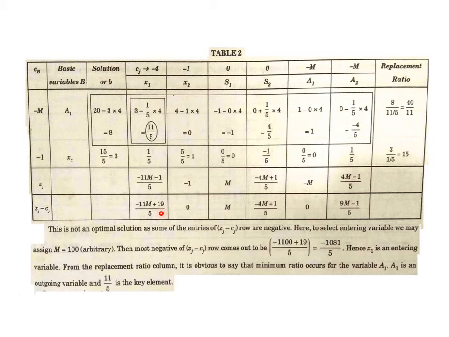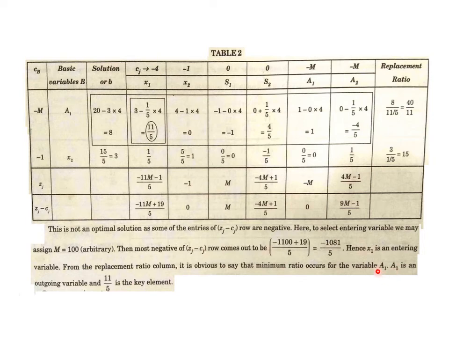Z1 minus C1 is the most negative one, as well as one more negative value is there. So we can say that x1 will now enter. Previously x2 entered, now x1 will enter, and by using the minimum replacement ratio and every similar kind of concept, A1 will be the departing variable.